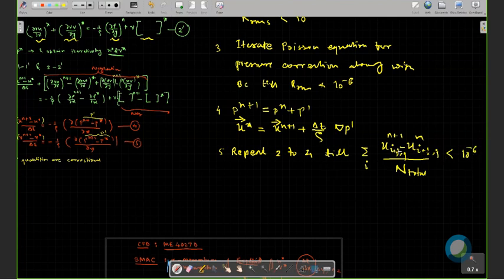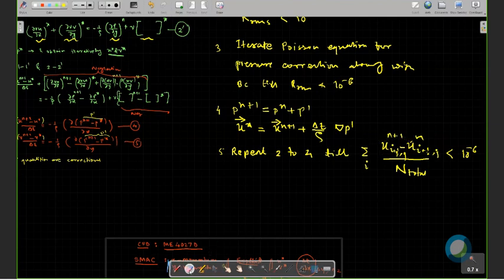You can check this for u velocity as well as for v velocity. I'm just writing it as a vector, so these indices will change. If it is u, then i plus half j; for v, it will be i j plus half.